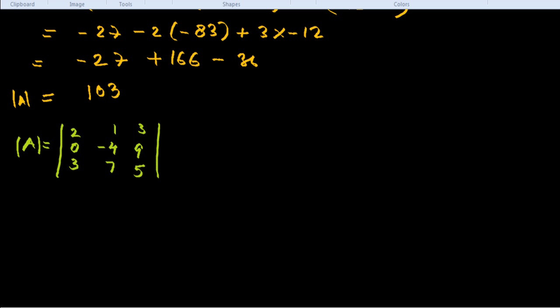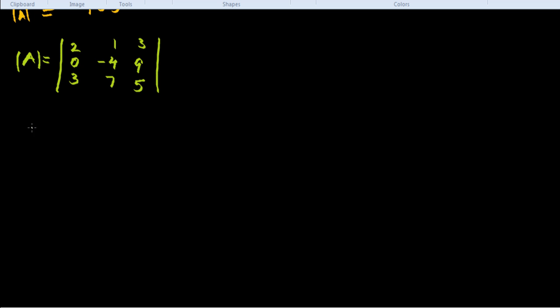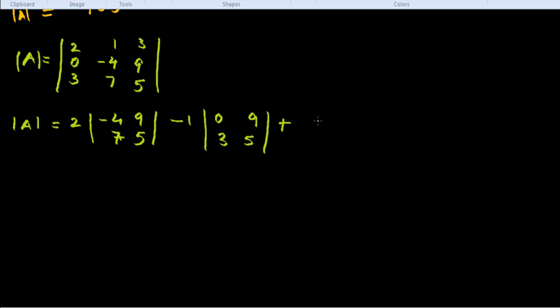395. Now we expand this, and see what happens. So determinant of A would be 2 times minus 4, 9, 7, 5, then negative 1 times 0, 9, 3, 5, then positive 3 times 0, minus 4, 3, 7.